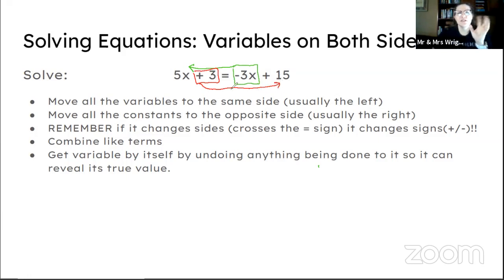Remember, signs are usually seen as operations. Right here, it looks like an operation of plus, right? But this can also double as a sign, a positive sign. Here we have a negative sign. So when we switch this positive 3 to the right side, it's going to become a negative 3.